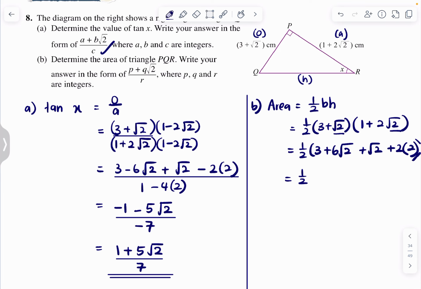So here we have 3 plus 4, which is 7. Then 6√2 plus 1√2. So 6 oranges plus an orange, we get 7 oranges.